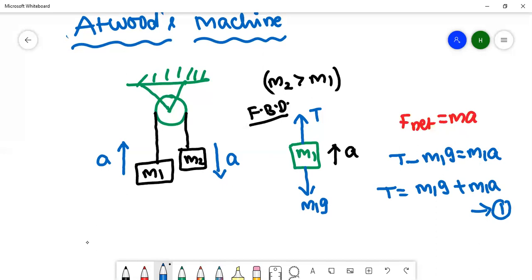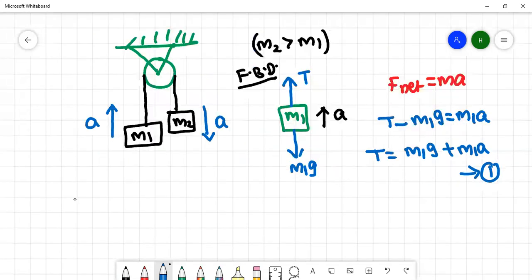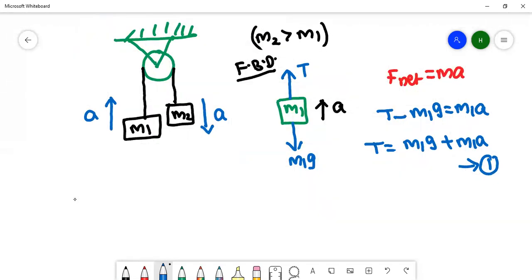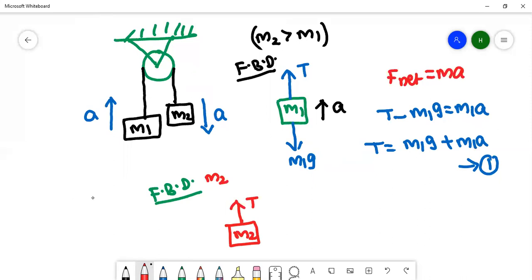So here, in the free body diagram of the block M1, tension is acting upwards, weight is acting downwards, so the acceleration of the body is moving upwards. Now if I take the free body diagram of the block M2, FBD of M2, tension is acting upwards because it's connected by the same string.